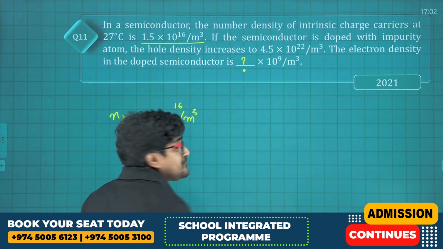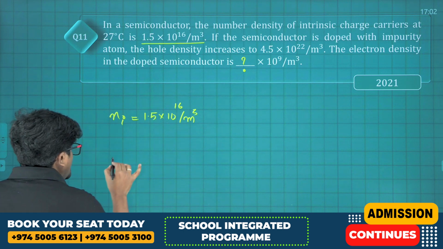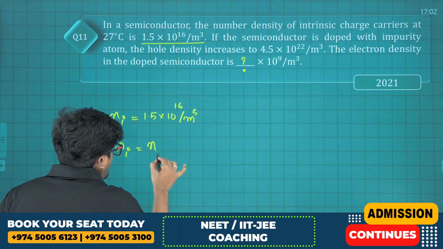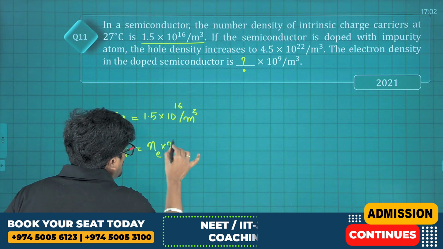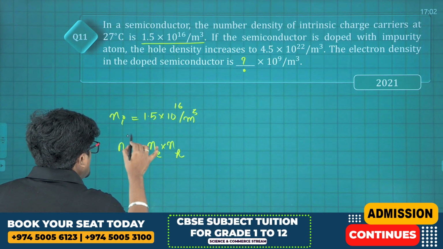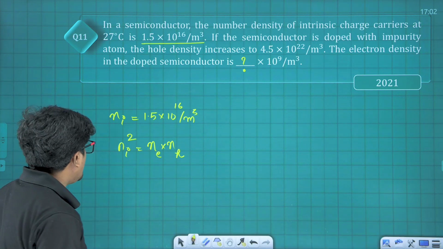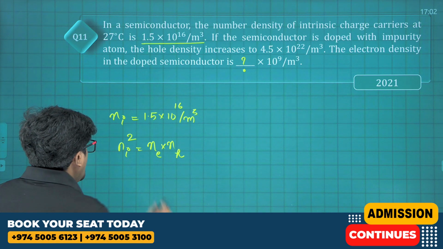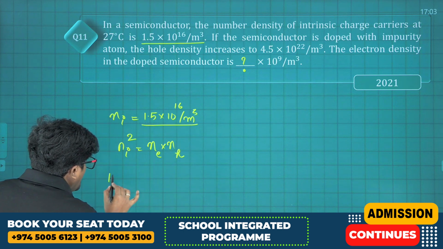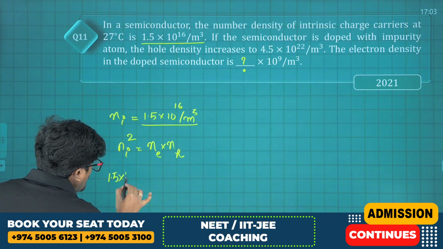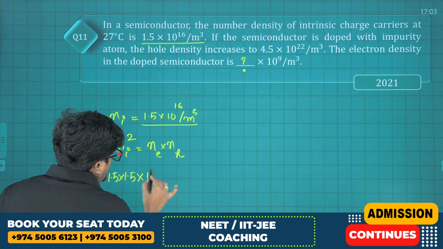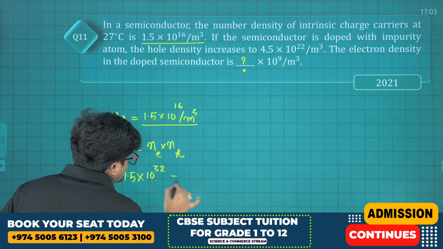That is the question. We know the standard relation: Ni square equals Ne into Nh. And what is Ni square? Ni square is going to be 1.5 into 1.5 into 10 to power 32.